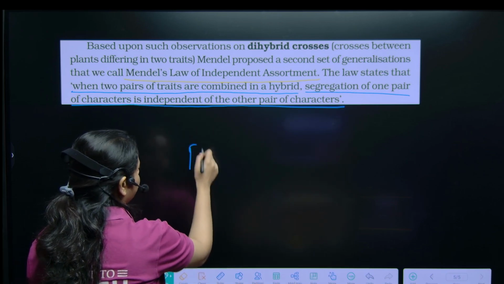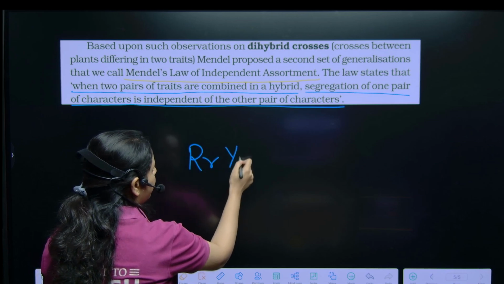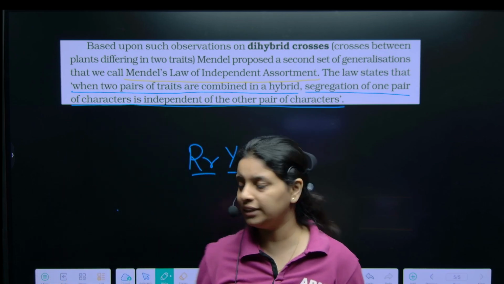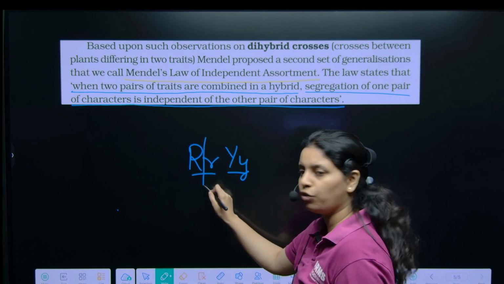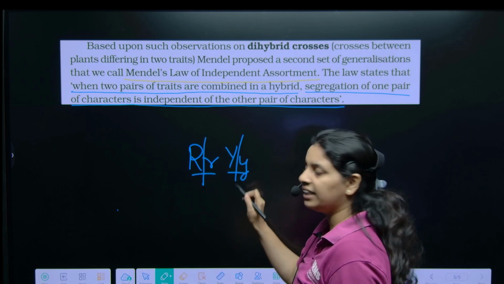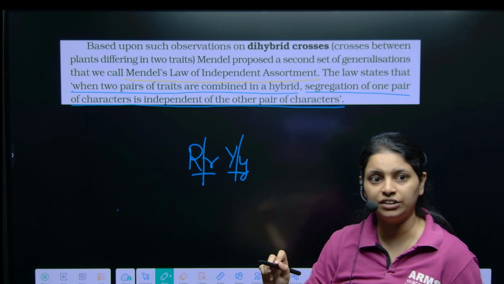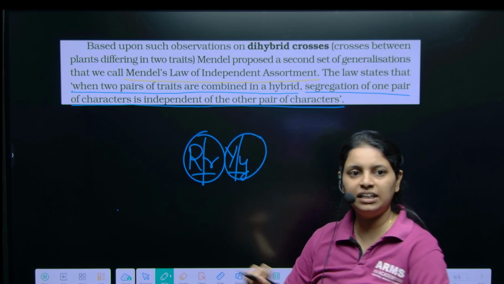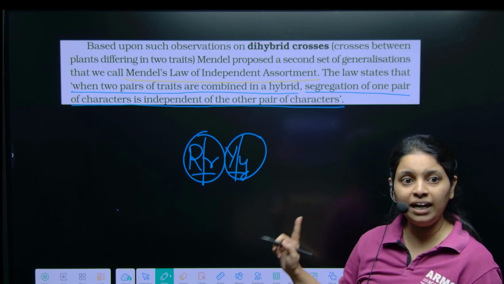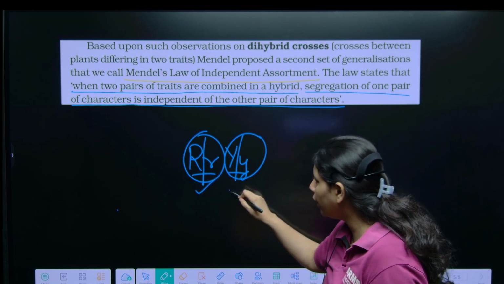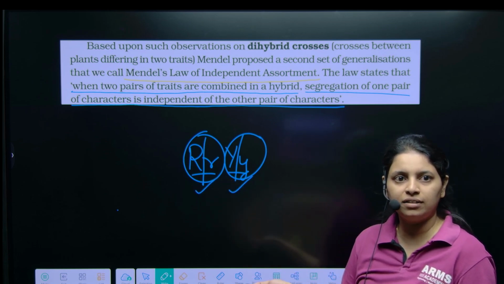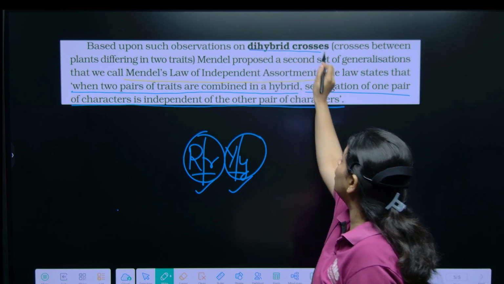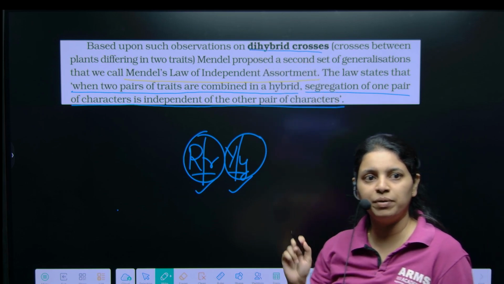So segregation of this capital R and capital Y, small y is independent of each other. See, when R is separating from each other or Y is separating from each other, this is law of segregation. But separation of this R and Y is independent. This is the third law. And as here we have to take a minimum of two different characters, the law of independent assortment can be explained only on the basis of the dihybrid cross.